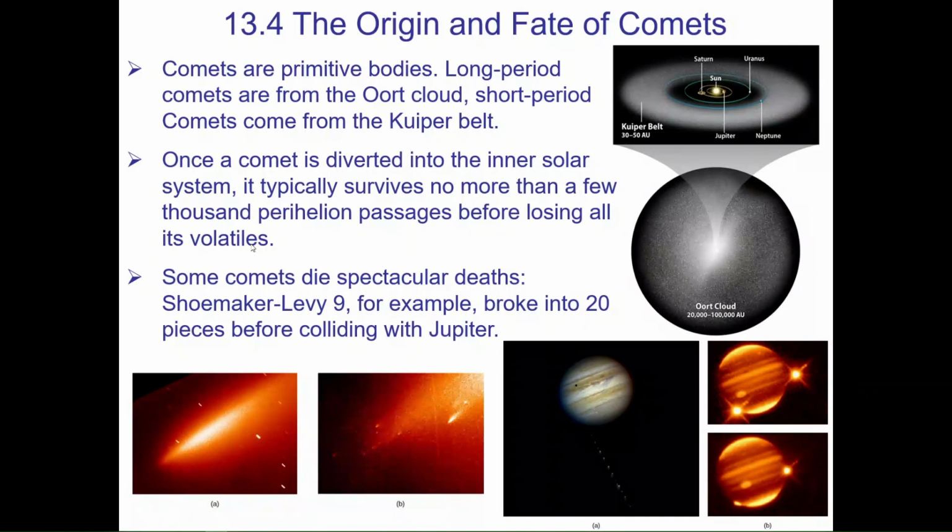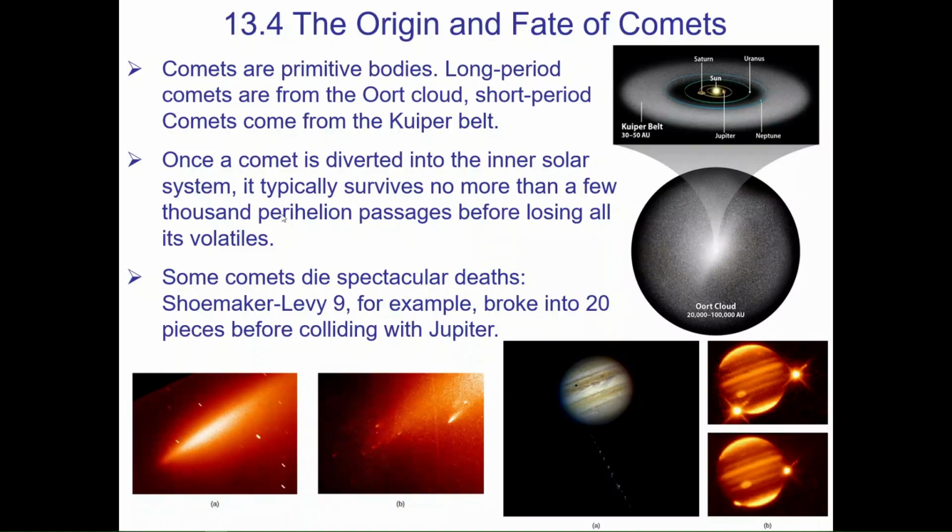So you can definitely imagine that every time a comet returns, it will have less material. And we believe that will probably be the fate of comet Halley in the long run. After several thousand passages close to the sun, it will run out of all its material.